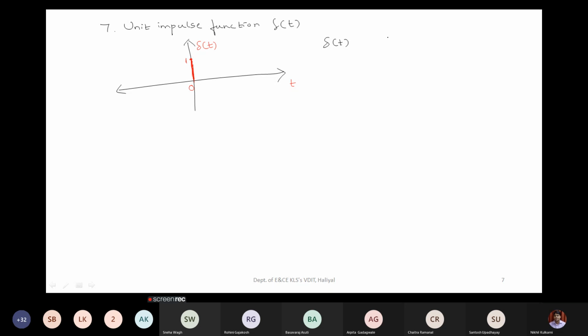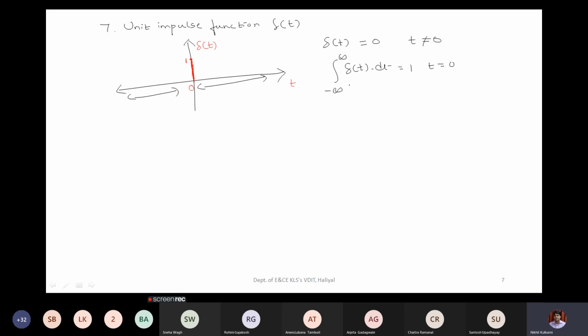So that means, by the property, we can write like this: integral from minus infinity to infinity of delta of t dt will be equal to 1 at t equal to 0.